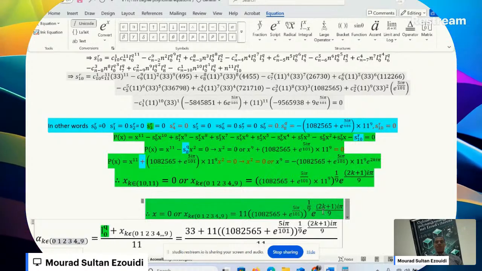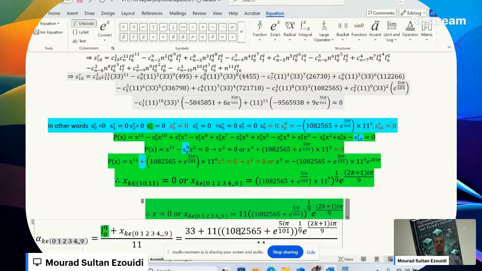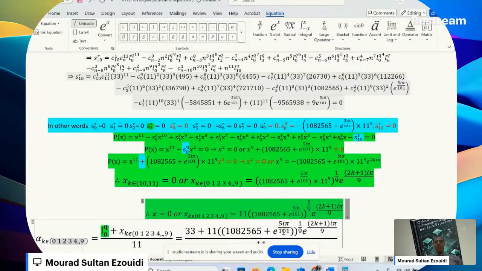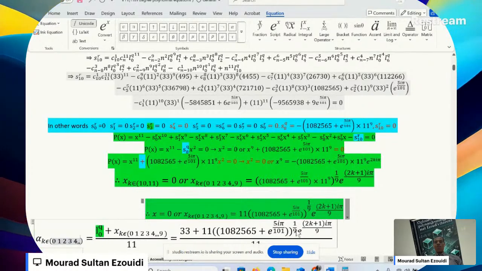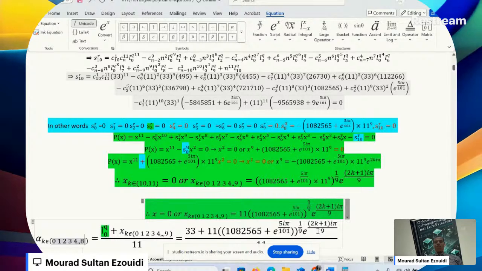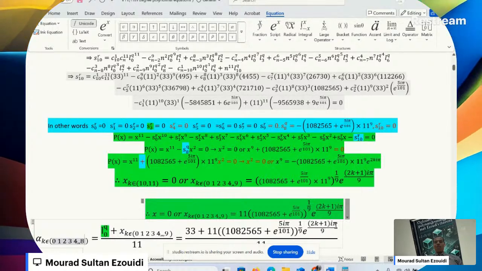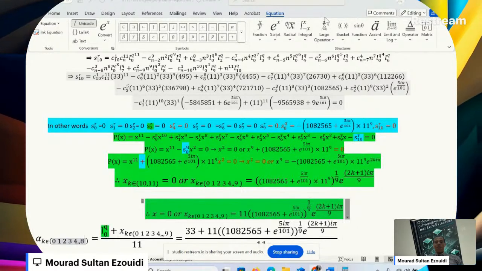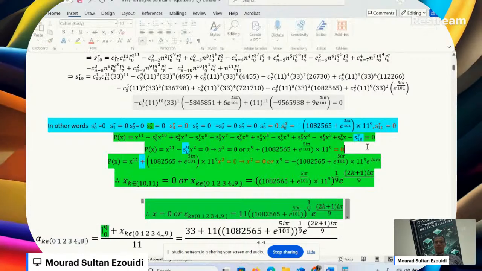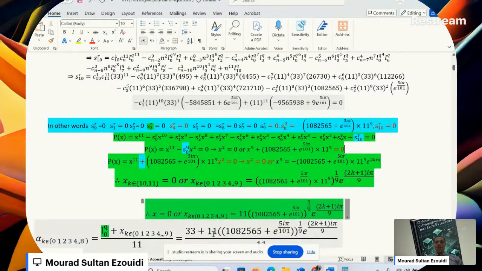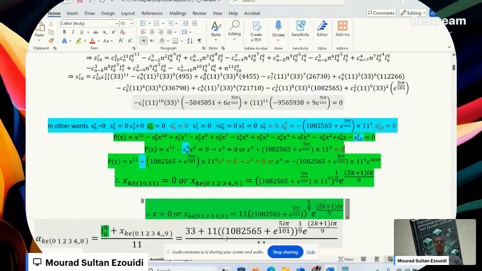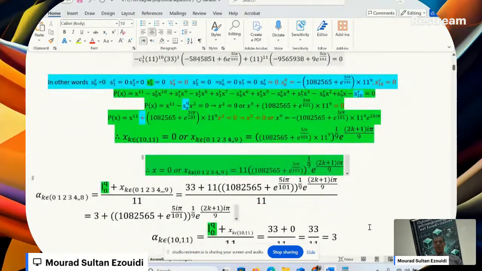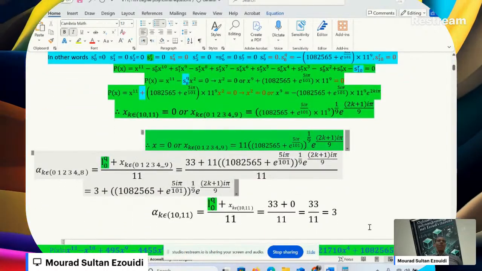It will be 33 plus this, plus 11 times 1,082,565, plus exponential 5 pi divided by 101, all raised to the power 1 over 9, times exponential 2k plus 1 times I pi, all divided by 9, all divided by what, my learners? By 11, the highest power. You can see 33 divided by 11 is 3. 11 divided by 11, it remains only this one. Okay, I'm going to write it now in front of you.